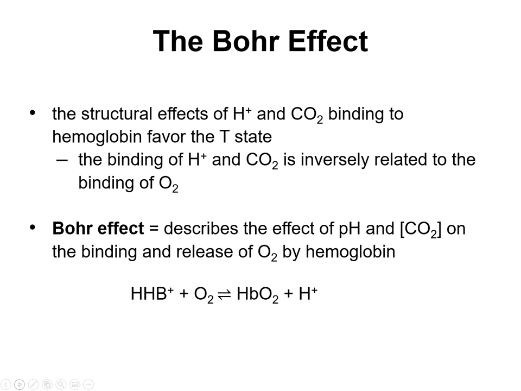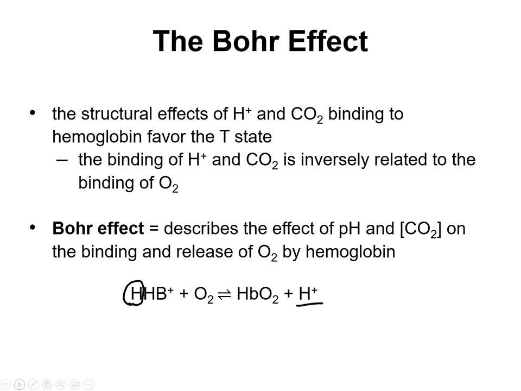The Bohr effect describes the effect of pH and concentration of carbon dioxide on the binding and release of oxygen by hemoglobin. So there's this equation here where we have a hydrogen added on to the hemoglobin. So that HHb+, that's the added hydrogen. When there's oxygen in the mix and it binds, you release that hydrogen and instead you have oxygen bound.